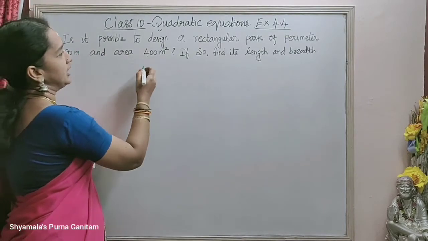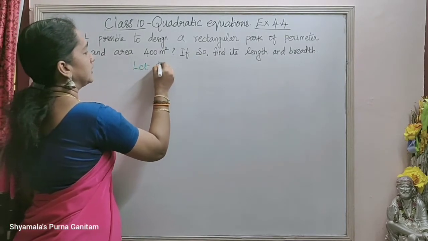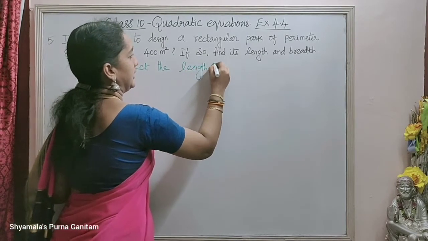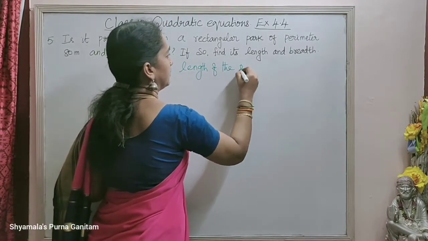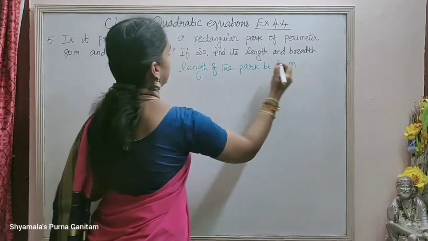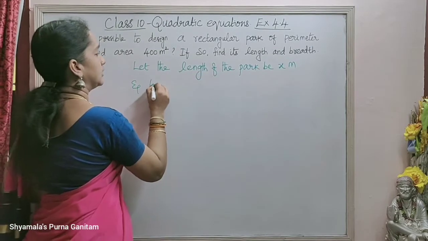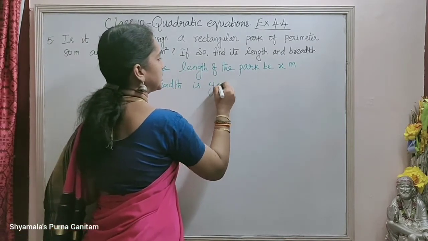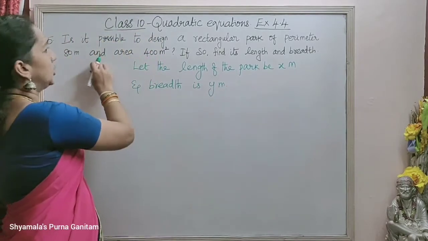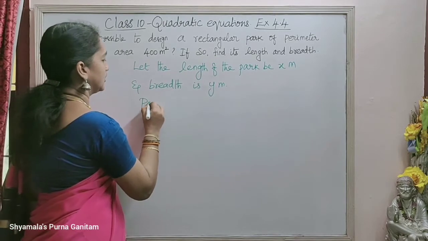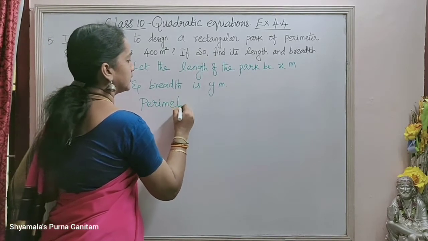Okay, so now let the length of the park be x meters and breadth be y meters. The perimeter is given as 80 meters.